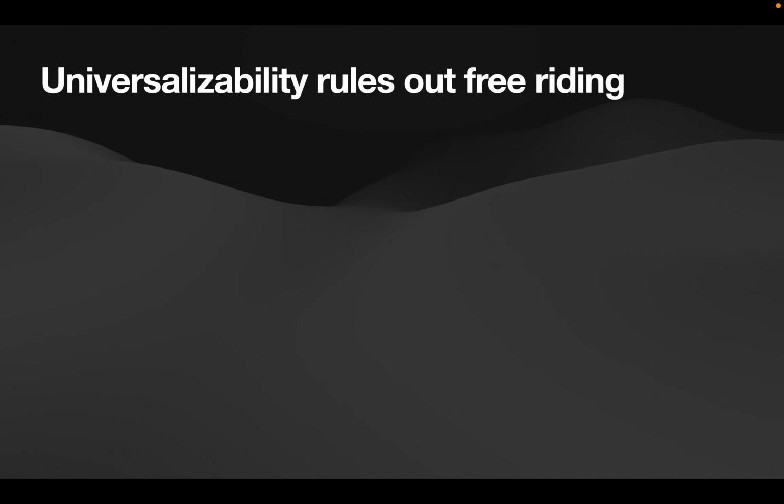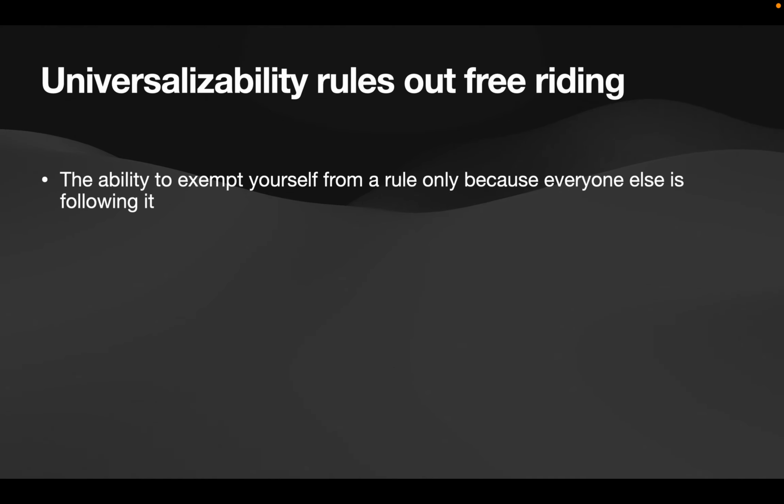One of the things about universalizability, if you think about it, is that it rules out what economists call free riding. Free riding is just the idea of not following a rule and getting away with something, but the only way you're able to get away with it is because everybody else is following the rule. So take our traffic jam example.